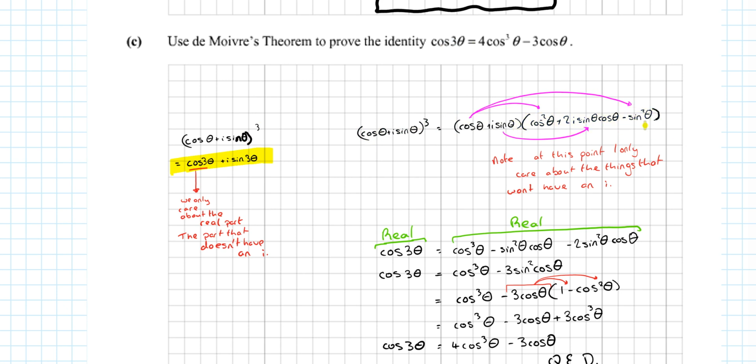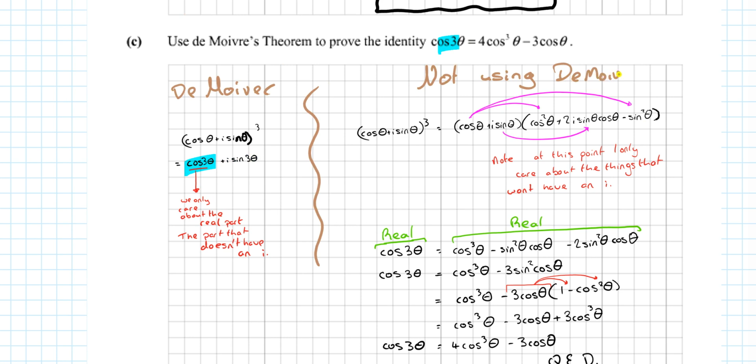Now in the red there, I've said on the left hand side that we're only interested in cos theta. So remember, these two must be equal to each other. I'm multiplying it out using De Moivre, and then not using De Moivre, but they should really still be the same thing.